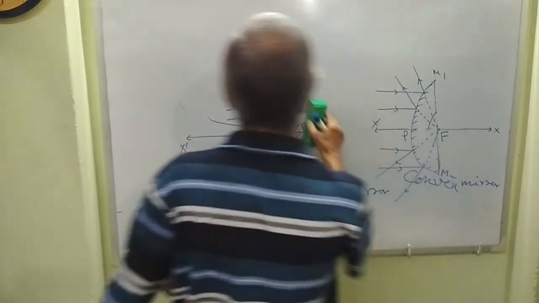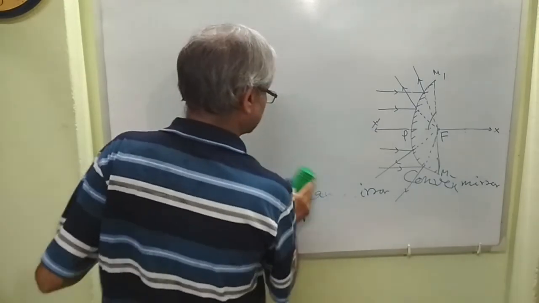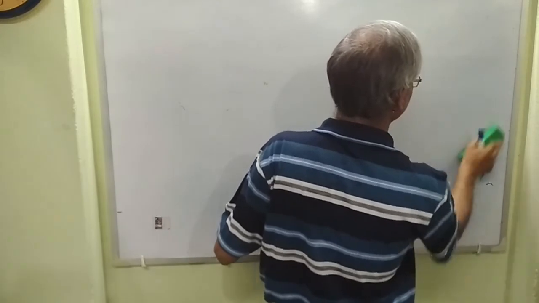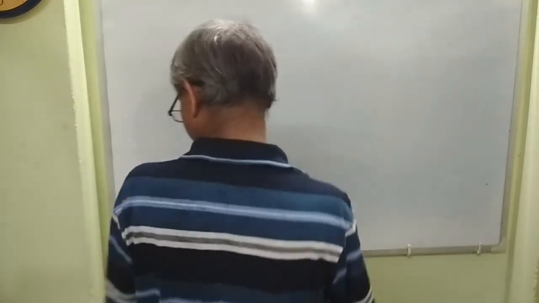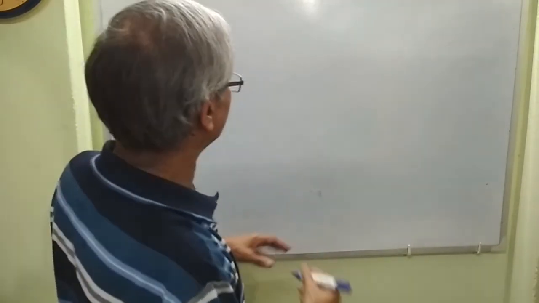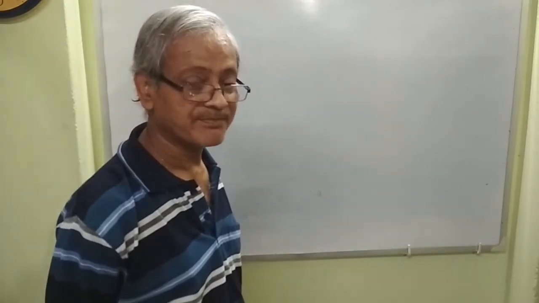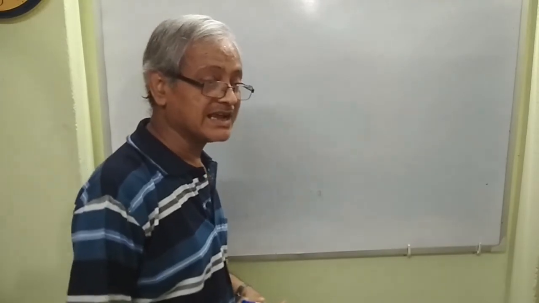Now, if the aperture is less than 10 degrees, then we call it a thin spherical mirror. Now, we have images for different positions of the spherical mirror. Here, principal focus and secondary focus are also possible.